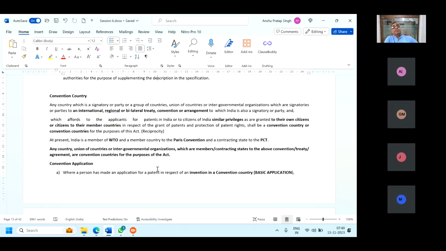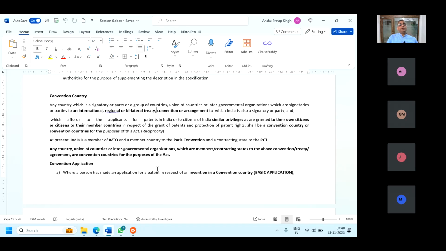I will reciprocate similar privileges to their citizens. Now, at present, India is a member of the WTO, a member country of the Paris Convention, and a contracting state to the PCT. Any country, union of countries or intergovernmental organization which is a member or contracting party to the above convention, treaty or agreement is a convention country. That means even under PCT, we can consider you a convention country because that is an international treaty.